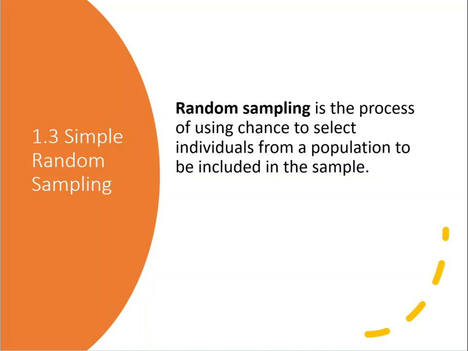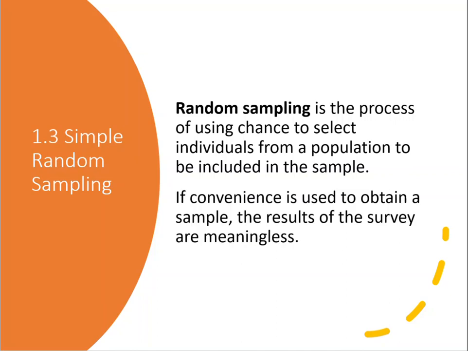Like I said, we want to let randomness or chance be the key driver of this as opposed to convenience. Convenience is just that. It's convenient to be able to collect information for our sample, but sometimes if you use convenience to collect information, your survey can be called into question.